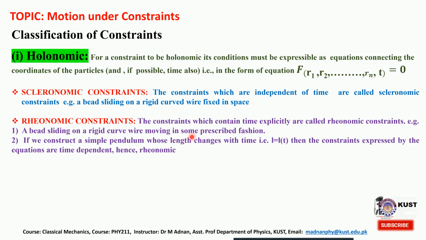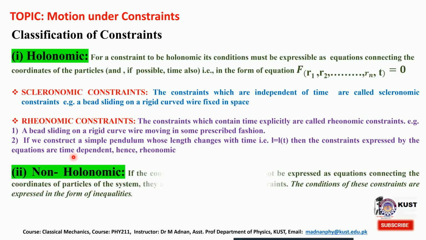This is another example of a time-dependent constraint: if we construct a simple pendulum whose length changes with time, then the constraint equation explicitly depends upon time. So that is also a situation of rheonomic constraint.